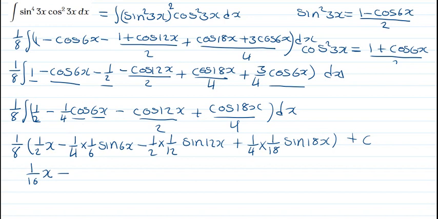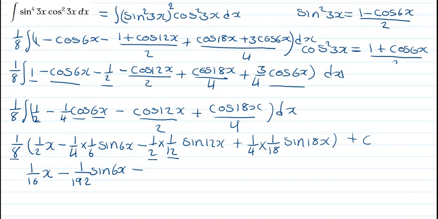minus, then when you multiply 8 by 4 by 6, so 8 multiplied by 4, we have 32. Then 32 multiplied by 6, we get 192. So it will be 1 over 192 sine 6x. Then minus, we get 8 multiplied by 2, 16, then multiplied by 12, we're going to get 192.